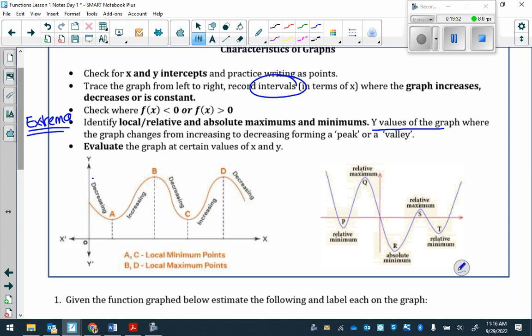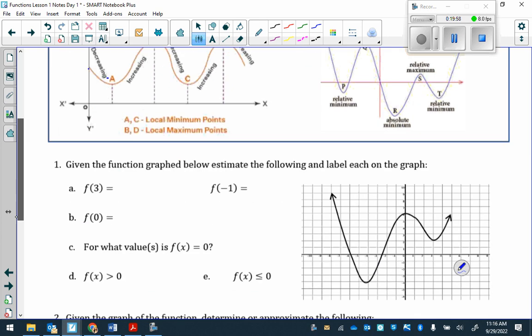I like to start from the left of the graph, explain what's happening, then keep going in pieces. It's up to you if you want to use different colors, one to represent increasing, one decreasing, and one for constant, that sometimes helps. Or you could just jot down with your pencil as you go.